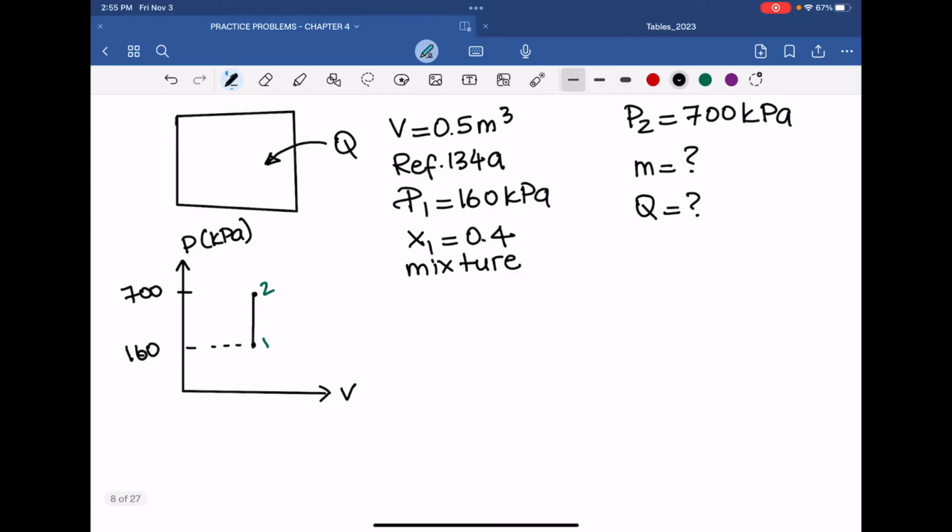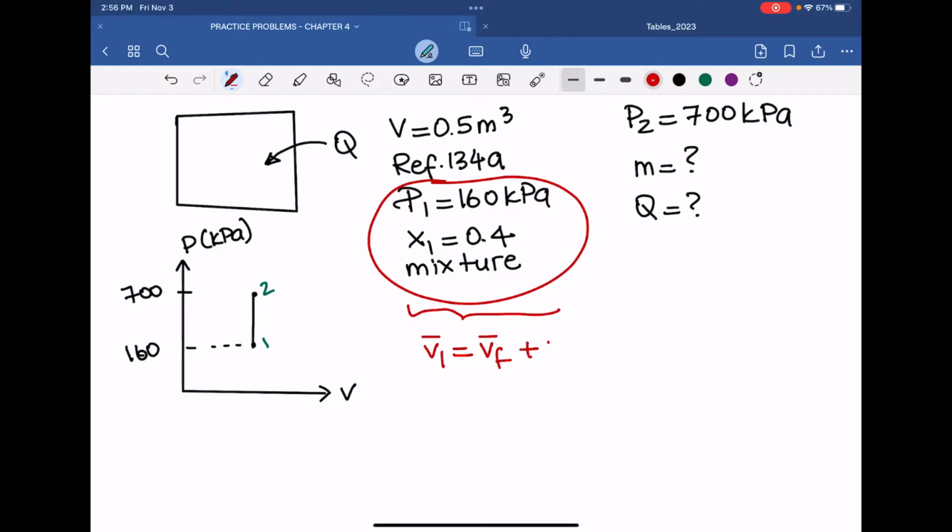So knowing we have a pressure of 160 kilopascal and a quality of 0.4, you can figure out the rest of the properties. And how can you figure those out is using quality. For example, if you need to figure out the V1, then you need to calculate it through quality, this equation.